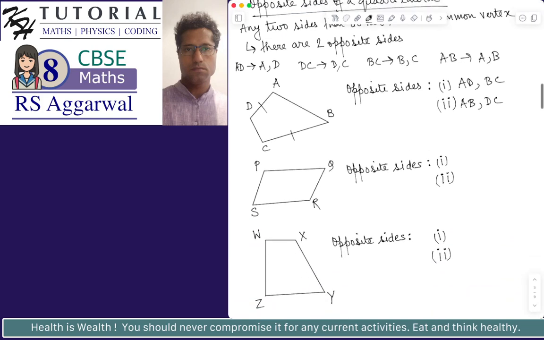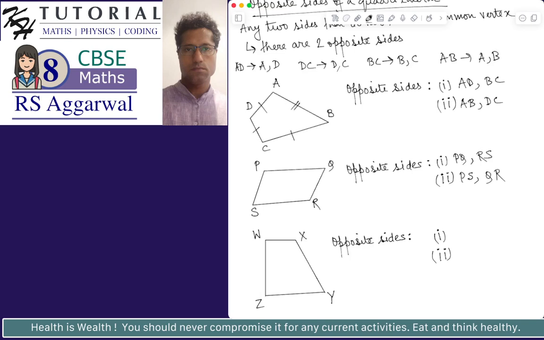Now let's quickly write the pair of opposite sides of the other two quadrilaterals. For the quadrilateral PQRS, the first pair of opposite sides will be PQ and RS. The second pair of opposite sides will be PS and QR. Okay.